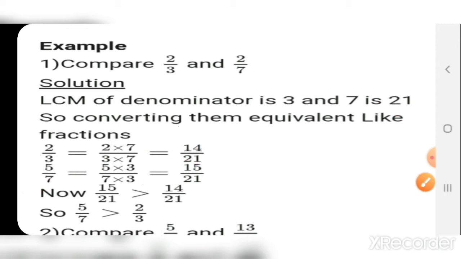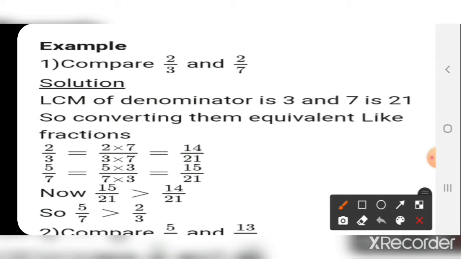Clear? Now tell me, here denominators are the same, 21 and 21. 15 is bigger or 14 is bigger? 15. So 5/7 is bigger. 5 upon 7 is bigger than 2/3. In this way you can compare the fractions.